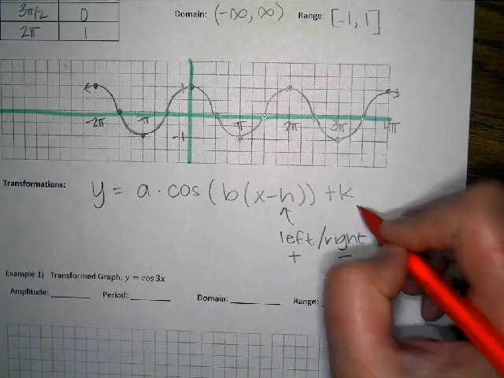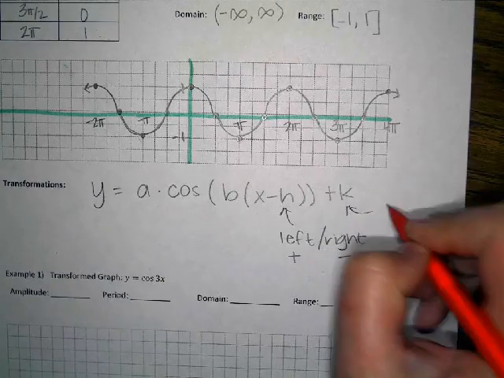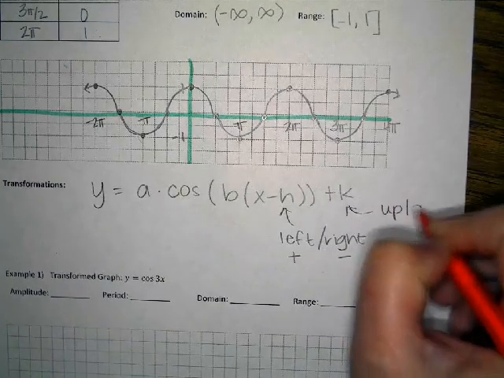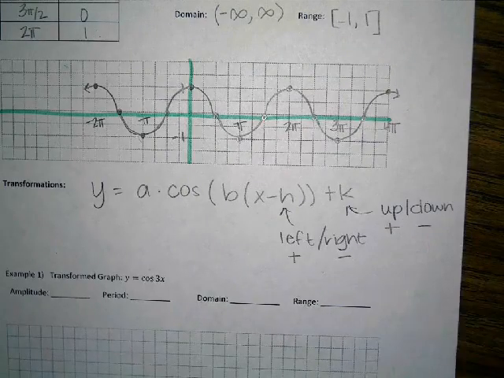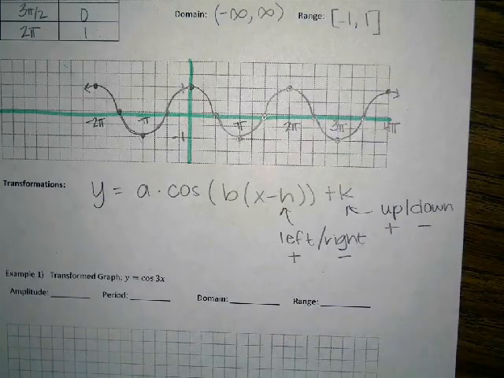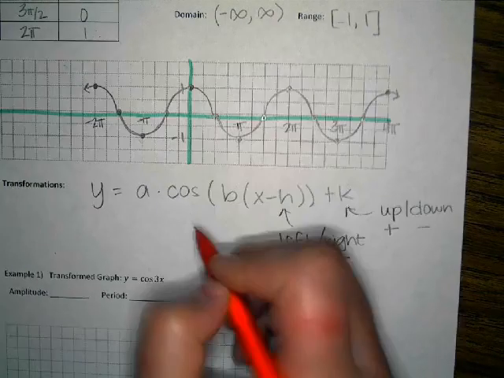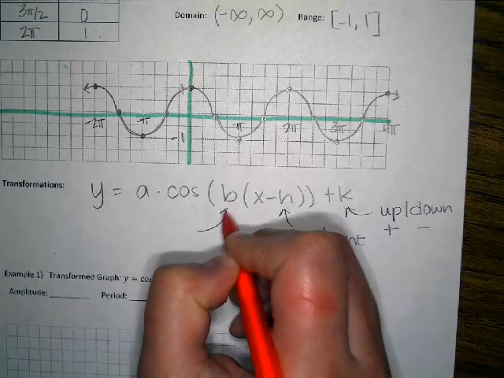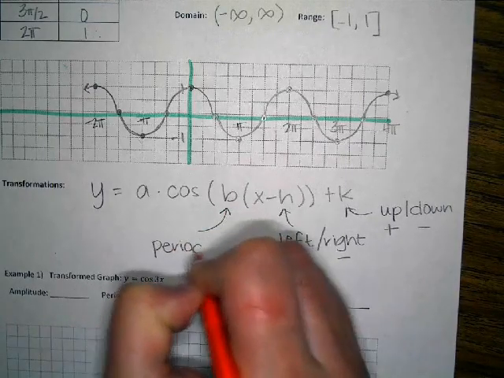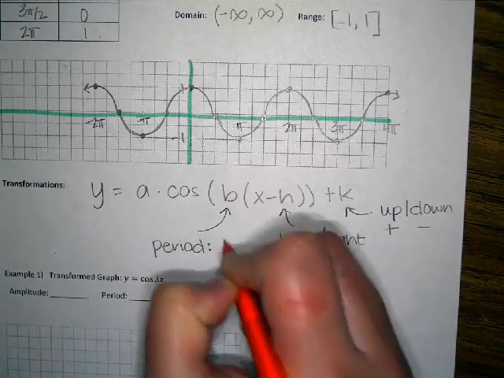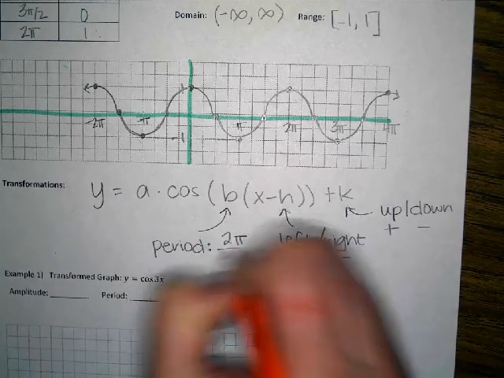The k moves the graph up or down. Positive for up, negative for down. The b value changes the period of the graph, just like it did for sine. So to find the new period of the graph, you're going to do 2 pi divided by b.